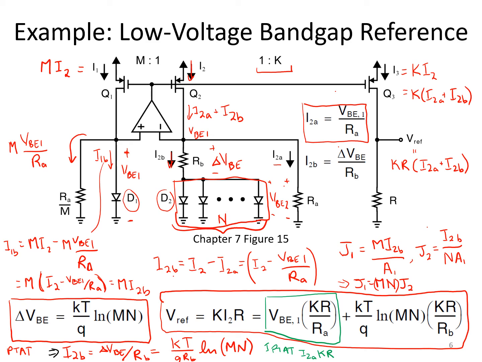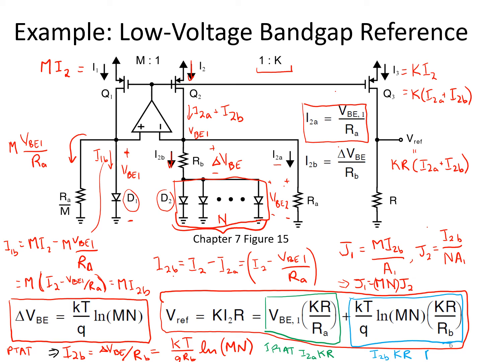K is a current mirror ratio, R over RA is a ratio of resistor values. The second term here is I2B times KR.